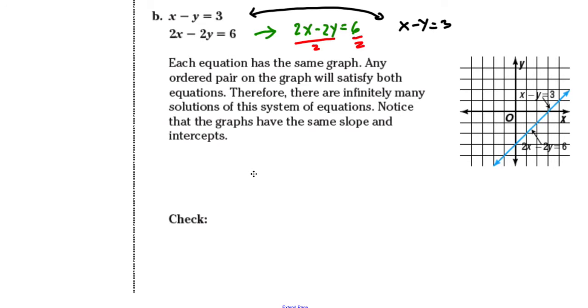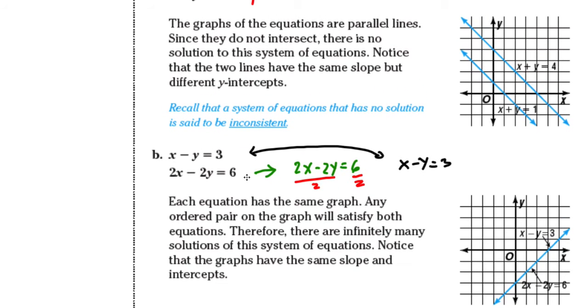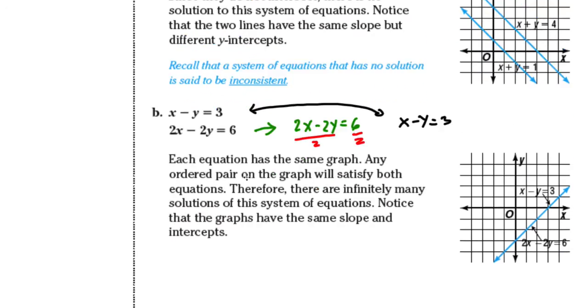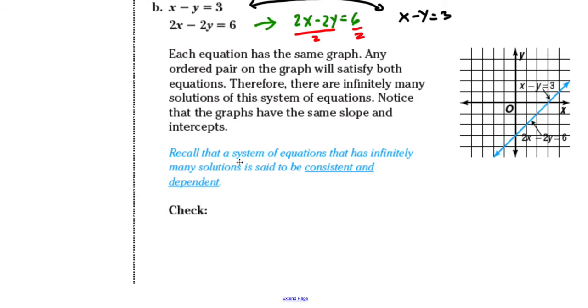Notice that in letter A, they have the same slope but not the same y-intercept. In letter B, they have the same slope and the same y-intercept. This system is said to be consistent and dependent.